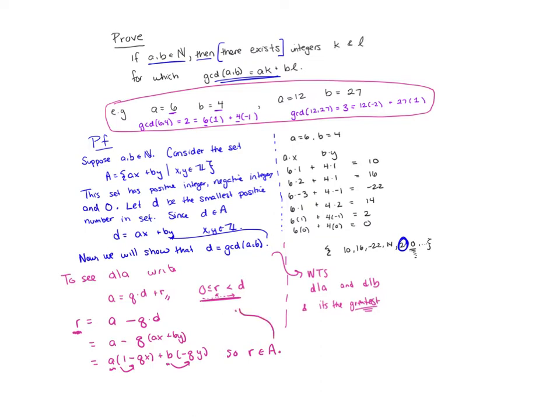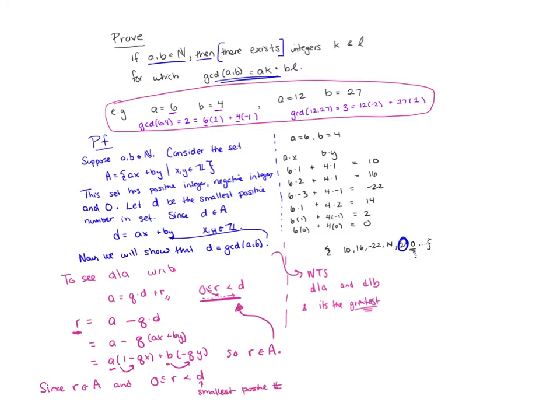But since R is either positive and less than D, or 0, so since R is in A, and R has to be strictly less than D, I know that D is the smallest positive number.